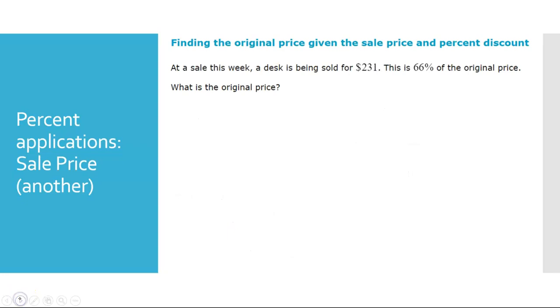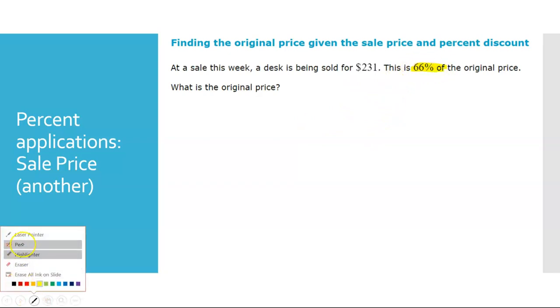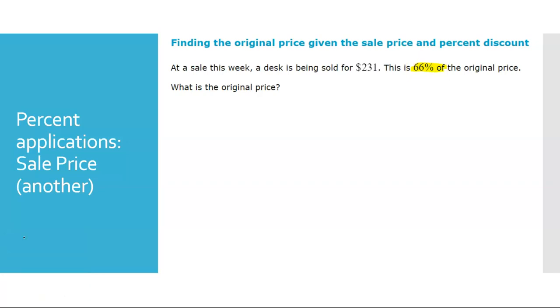All right, there's a world of difference between this and this problem, which says, at a sale this week, a desk is being sold for $231. This is 66% of the original price. So that means 66% of the original price still remains and is represented by this $231. So this 231 is about 2/3 of the original price.